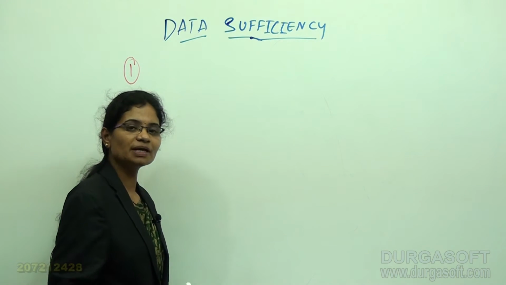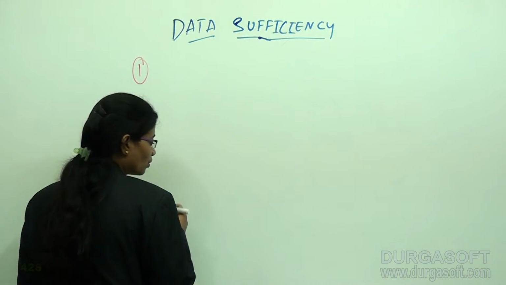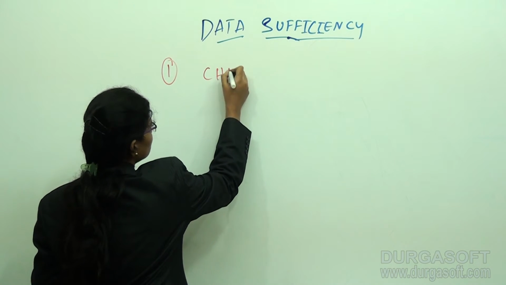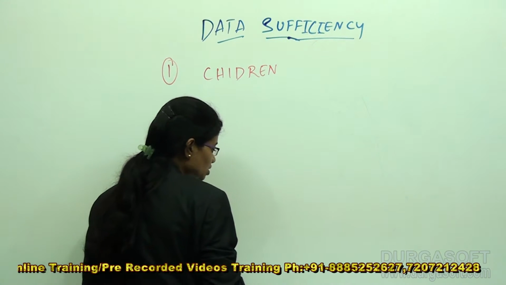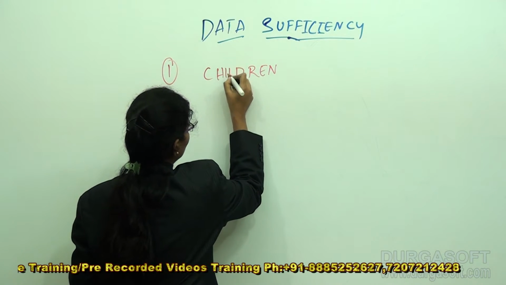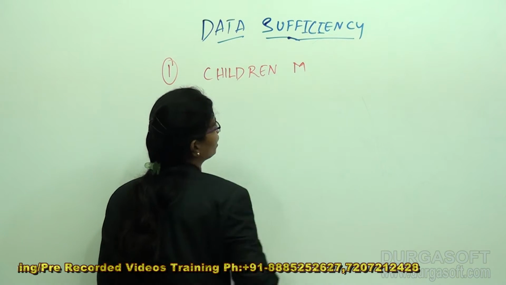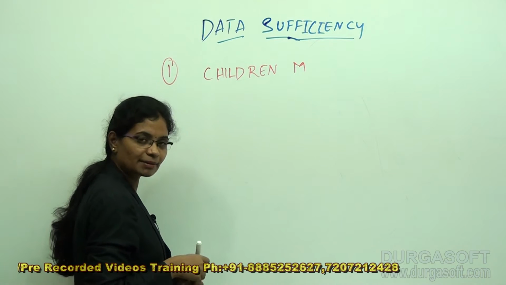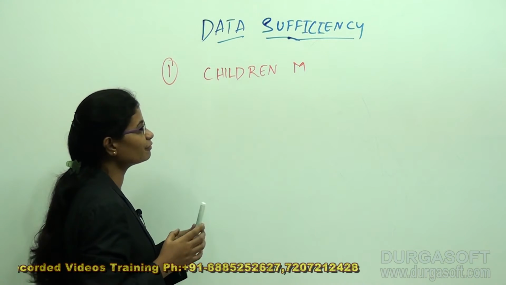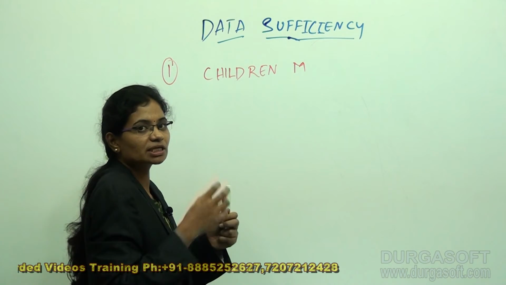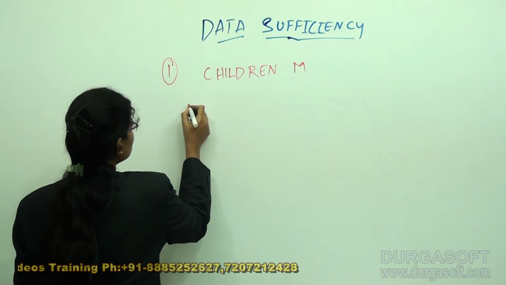I am starting with a blood relations problem. The question is: how many children does M have? This is the question, and it is insufficient data, so we have to take the statements which can complete it.